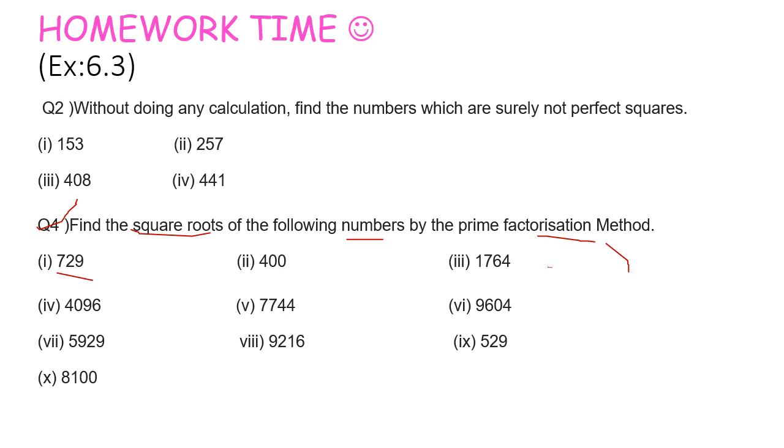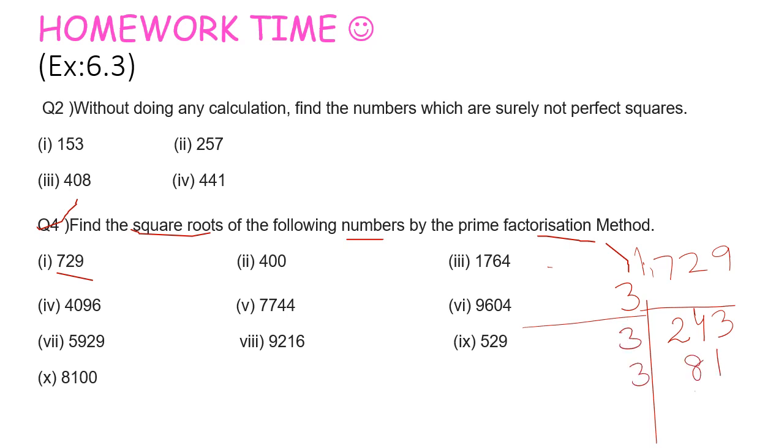How am I going to break down 729? I know that it gets multiplied with the table of 3. So 3, let me draw a line here. 3 twos are 6, then 3 fours are 12, 3 threes are 9. 3 eights are 24, 3 nines are 27, and then again one more 3, and then 1.